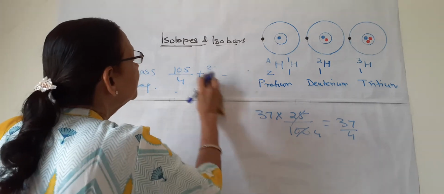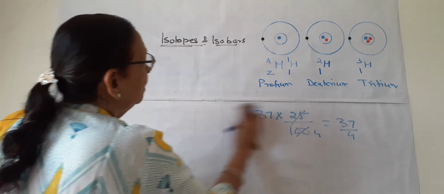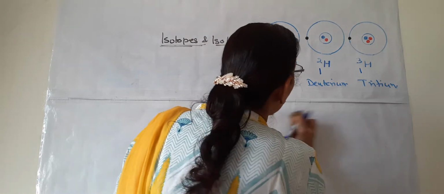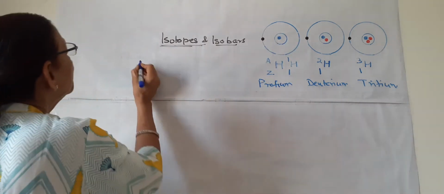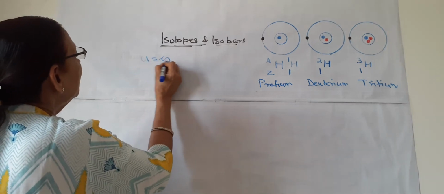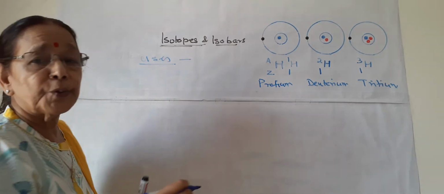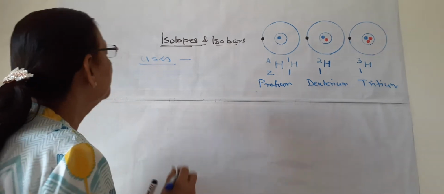So now we have seen different types of isotopes of different atoms, and there are some uses also. What are the uses of isotopes? Where are they used?